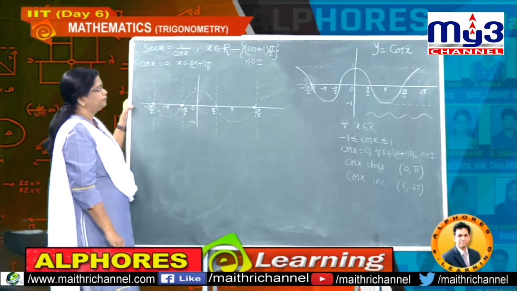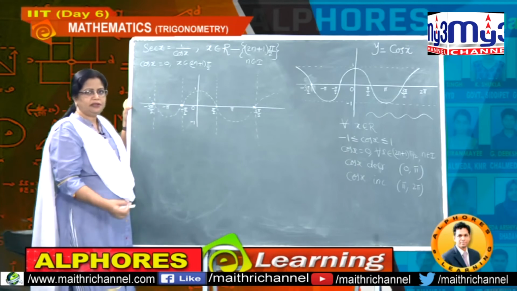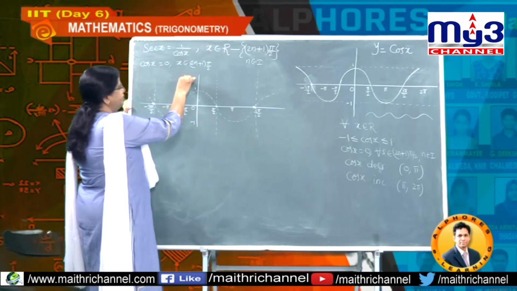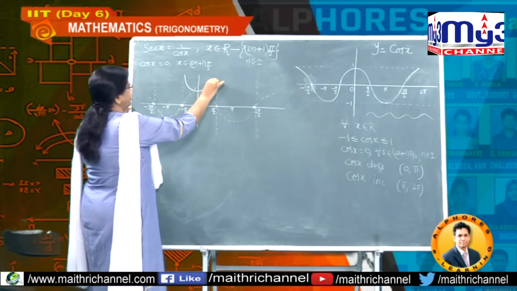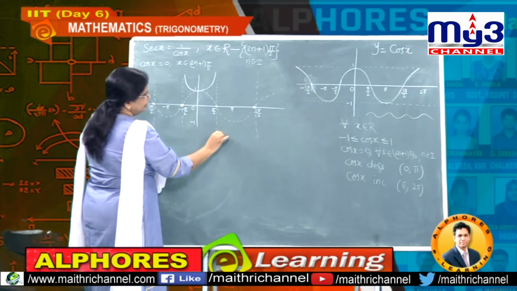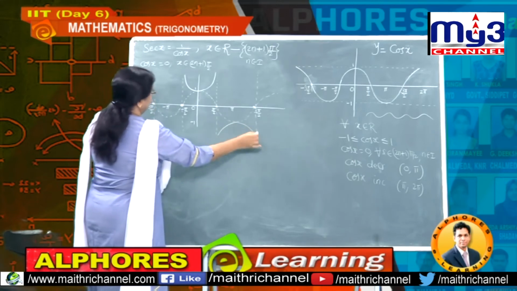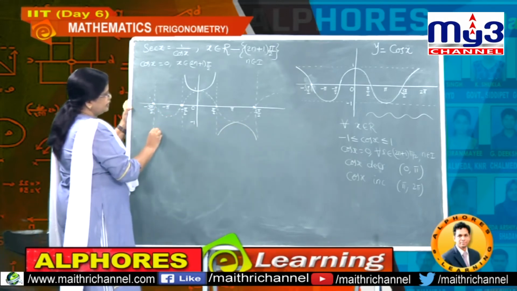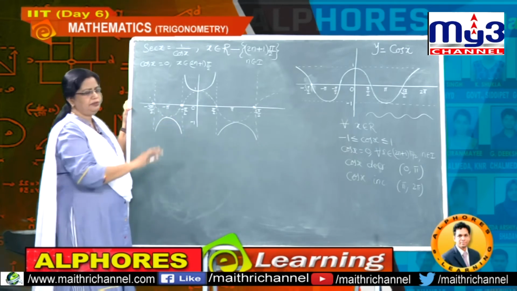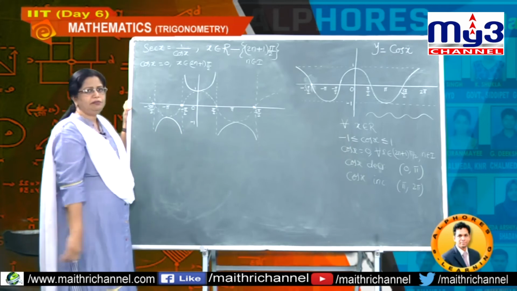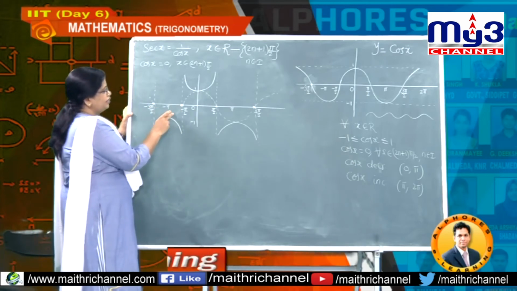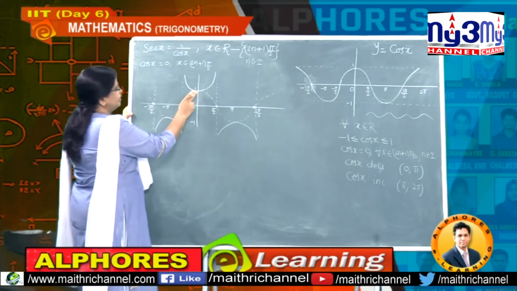And now after this, just like the previous cosecant graph, take a curve in this way, draw the curve like this, and again where the least value is coming, draw the curve like this. So in this way, this is nothing but the secant graph. After this just erase this dotted graph, that is the cos graph.